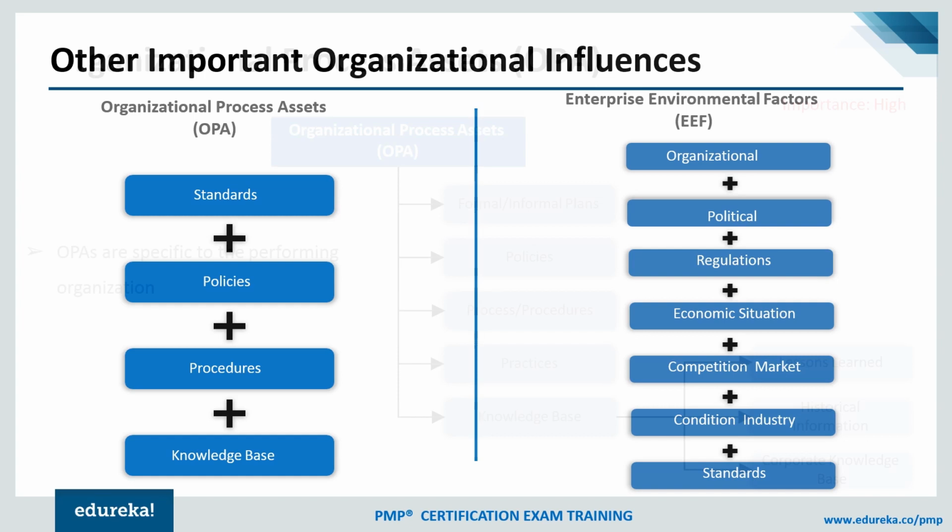At each phase they will have a different role to play. Organizational process assets are the collection of the standards that the organization follows, your policies, your procedures, and the knowledge base. Your knowledge base will have your historical information, experience, or the lessons learned from past projects.